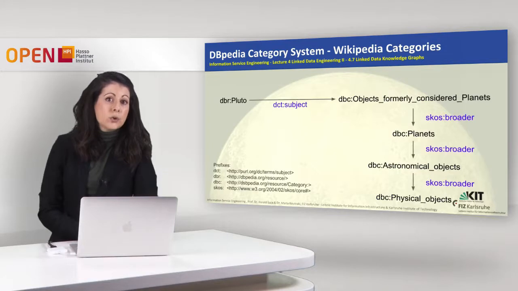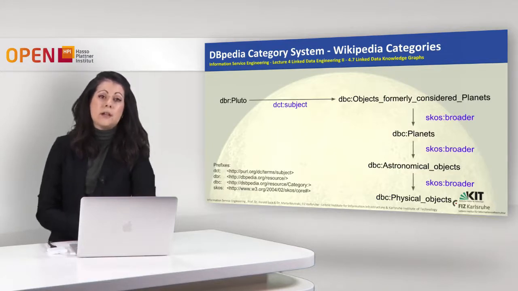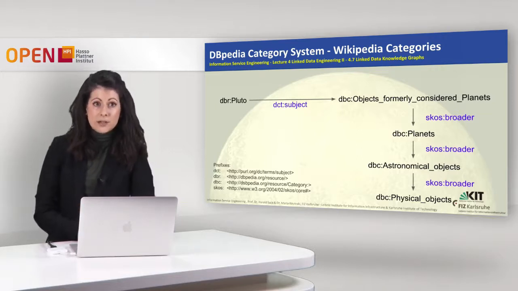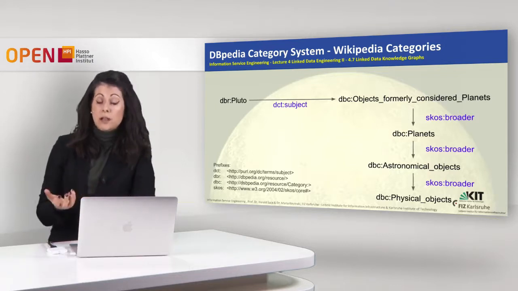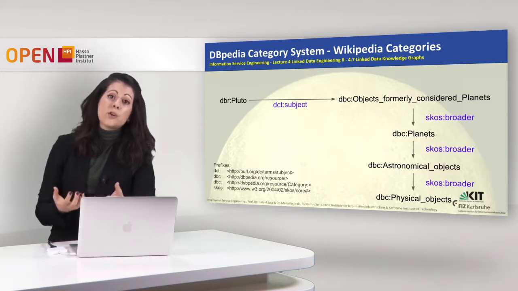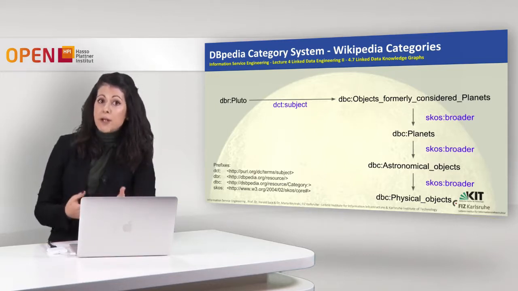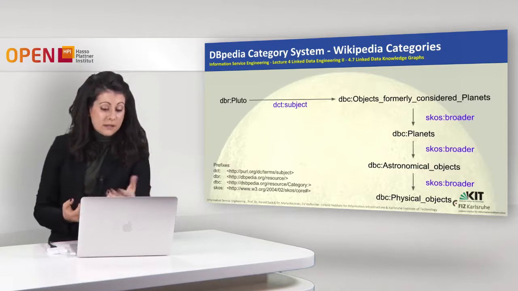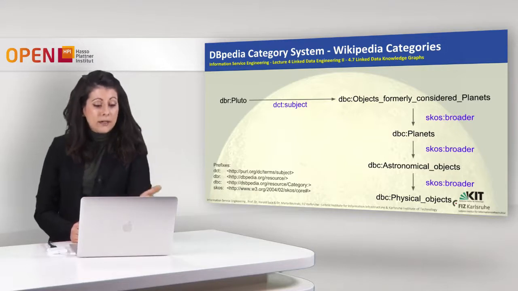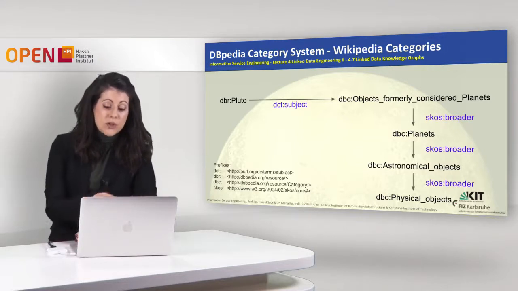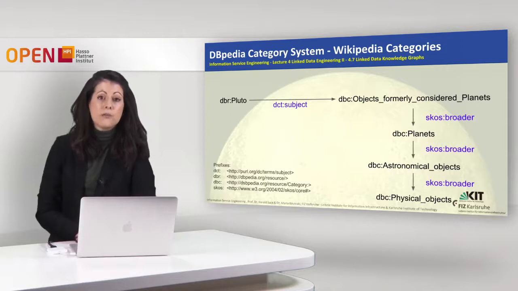So, there are two category systems in DBpedia. There are two ways to categorize entities in DBpedia. The first one comes from the Wikipedia categories. That means that a resource or an entity in DBpedia can be categorized based on the categories to which the corresponding Wikipedia page belongs. We use the property dct:subject in order to link a resource from DBpedia to the corresponding category to which the Wikipedia page also belongs.